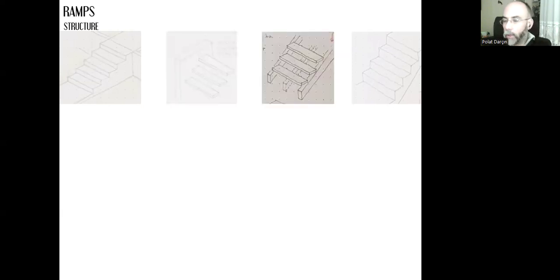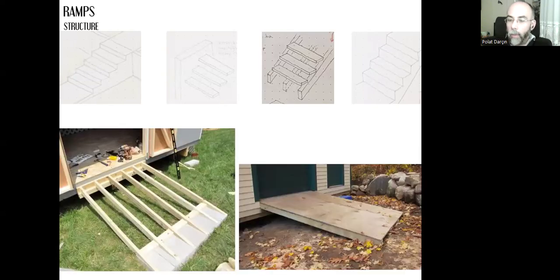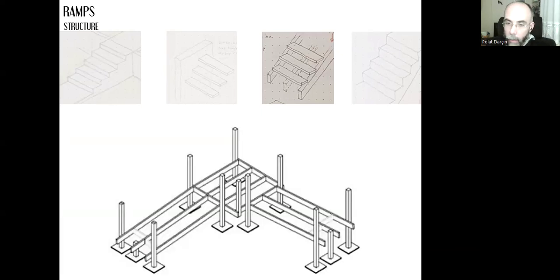We can use carriages or inclined beams in order to create the ramp. And when we cover the upper surface of these inclined beams with a smooth panel, let's say, then we will have our ramp. And we can do these carriages as much as we need according to the load and the dimensions of the ramp.